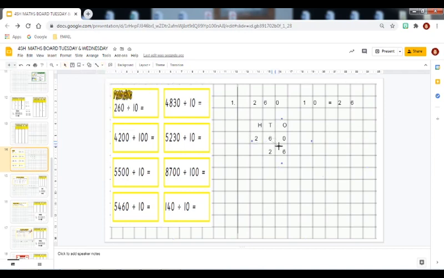So my 6 tens becomes 6 ones, and my 200 now becomes 2 tens. So I can see that I have divided that by 10, and 260 becomes 26. So I've added that, and I've finished off by saying 260 divided by 10 equals 26.